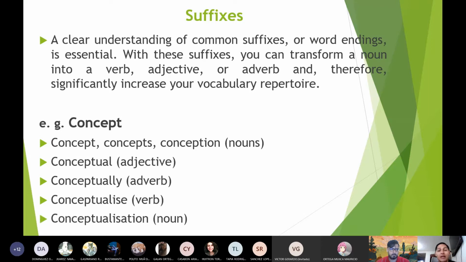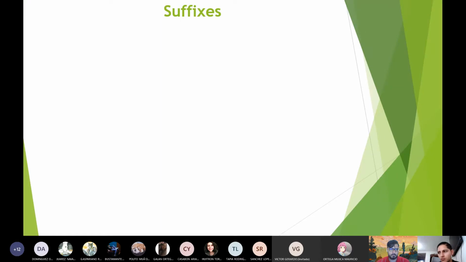Conceptualization, another noun. So can you see how many words you can actually take out from the root concept? A lot, right? And just by means of using suffixes. This is just one example.